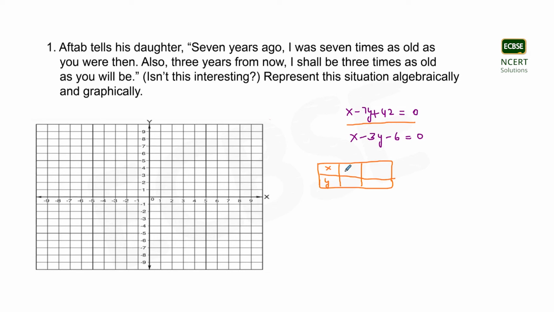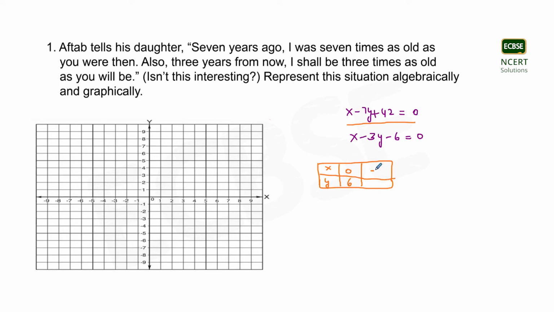In order to draw the table, let us take the value of x to be 0. We are supposing the value of x and putting it in the first equation, which we need to represent graphically. So putting 0 for x in the first linear equation, the value of y comes out to be 6.